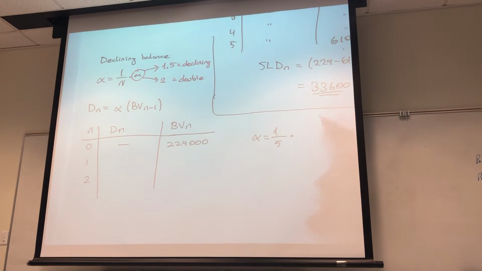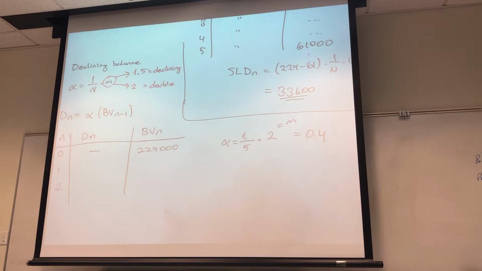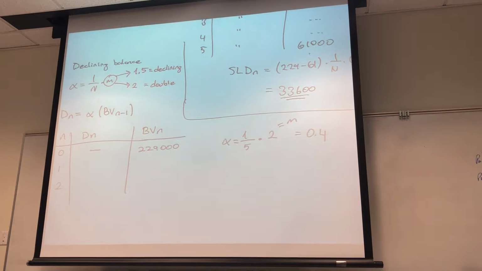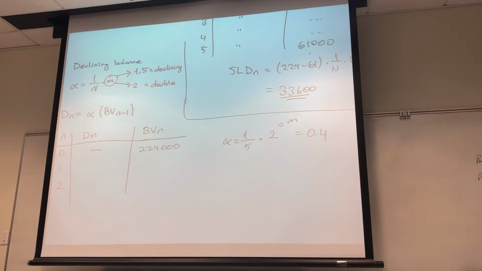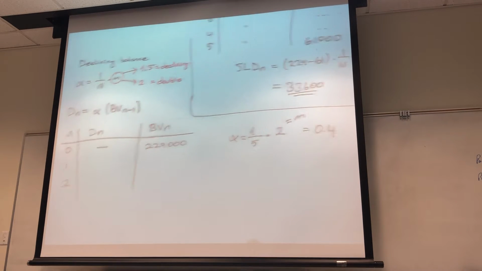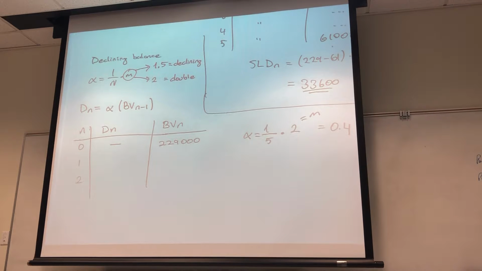Okay, let's do the first one. What did we say? We said dn will be equal to alpha times the book value of the previous year. So the previous one is 229,000 times 0.4, which will be equal to 91,600. That's a very big depreciation. So now the book value will be the previous book value minus 91,600, because we deduct from the previous one, not the initial one.